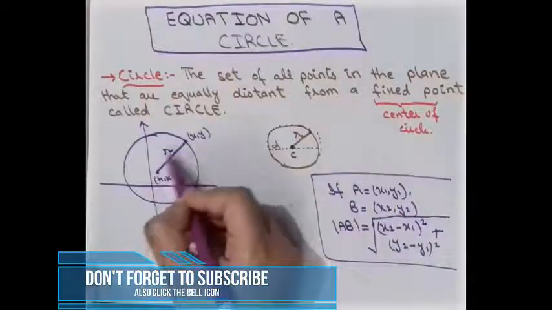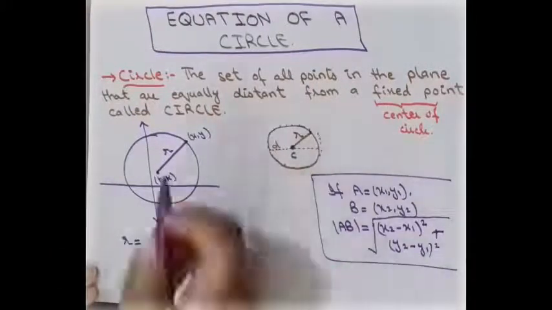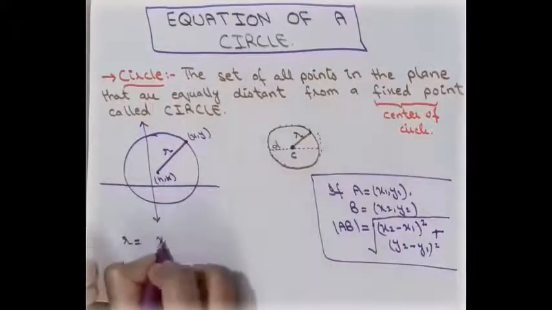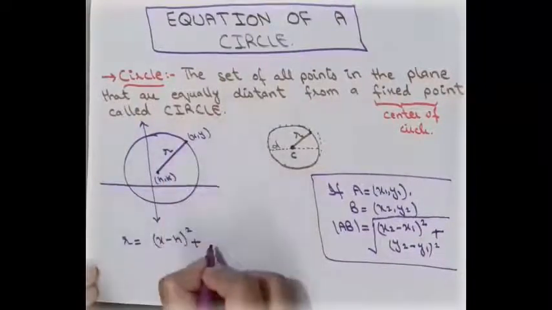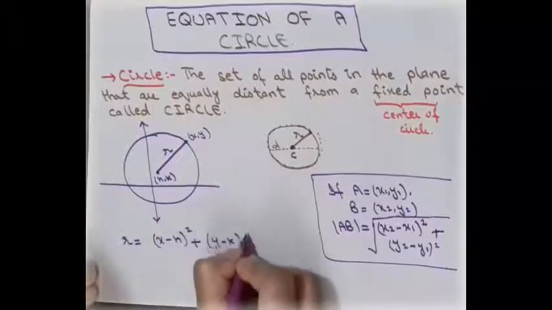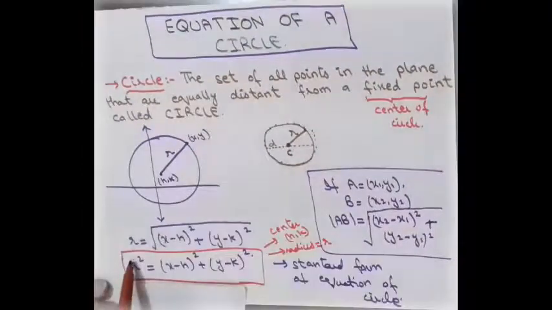The distance between these 2 points is r, and using this formula, r equals the square root of (x minus h) squared plus (y minus k) squared. Taking the square on both sides to get rid of the square root sign, we have r squared equals (x minus h) squared plus (y minus k) squared.